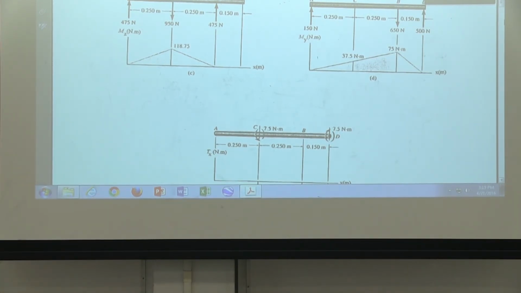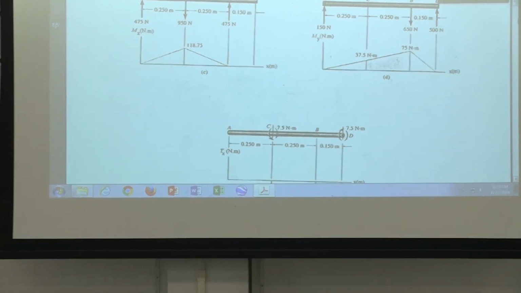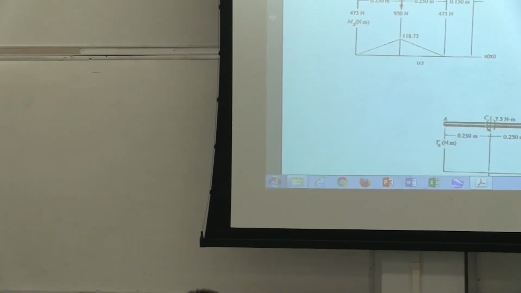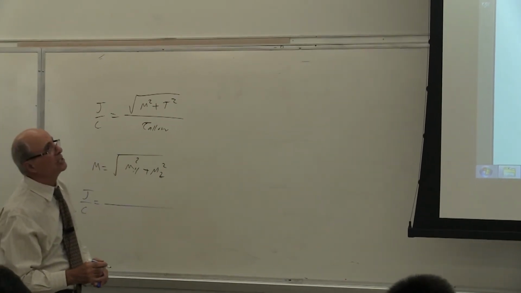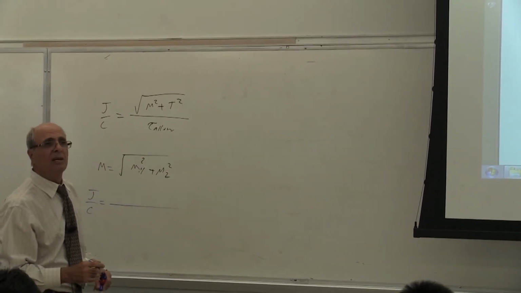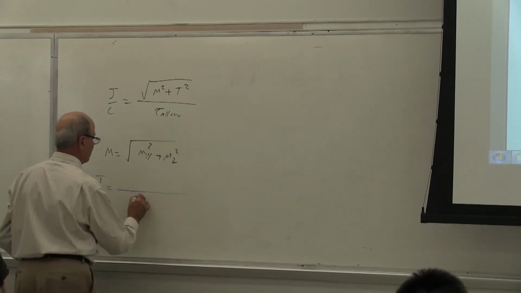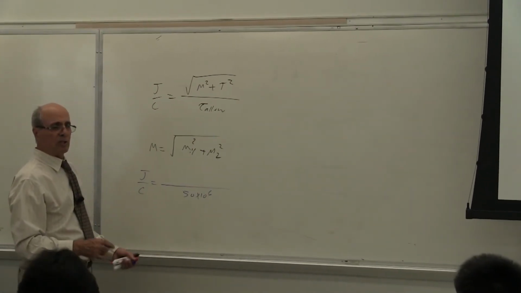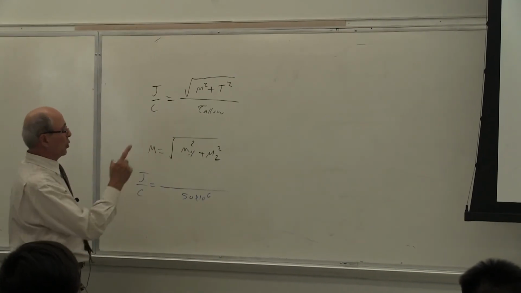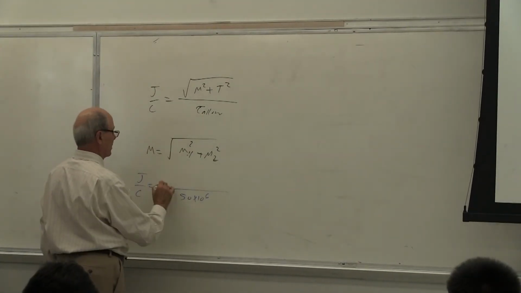The problem is this. J over C equals, I'm putting in blue what you know. Here you put tau allowable. Tau allowable is given as how much? Tau allowable is given as 50 megapascals, 50 times 10 to the power of 6. So you put it there, or just put the formula there. So your M is all of them together.